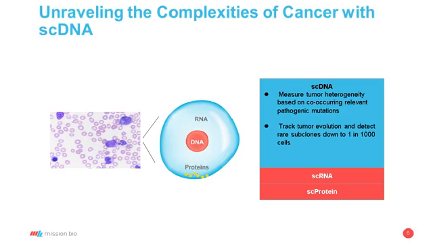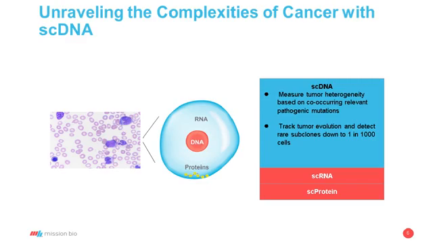Now, specifically at Mission Bio, we're really wanting to focus on unraveling the complexity of cancer, looking at the DNA. DNA at the single cell level really helps you measure tumor heterogeneity. It's looking at the fundamental building blocks of each one of these cells. This is where all of the pathogenic mutations and the biomarkers that we're used to for cancer research are found, whether it's in diagnosis, treatment, targeted therapies, or monitoring.